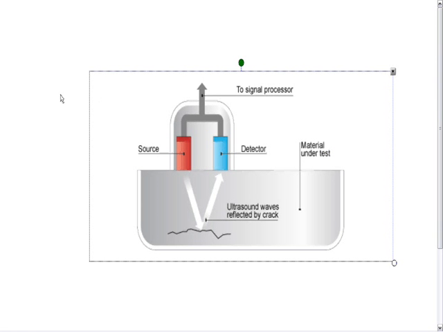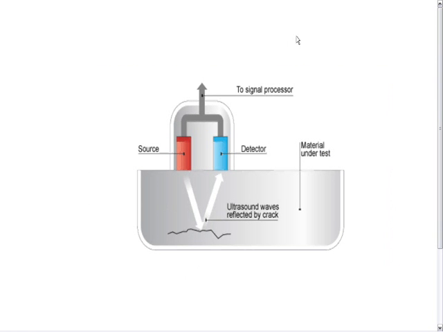Okay, the course also requires you to understand some stuff about how this is used in industry. If this was an ultrasound source and an ultrasound detector, set slightly far apart from each other, then you can send a sound wave in. You know that a sound wave travels at a certain speed in a solid. When it hits a crack, because that's got edges to it, you will get some bounce back from that. Some will refract through it, as we'll find out in later videos, but you will get a reflection as well.